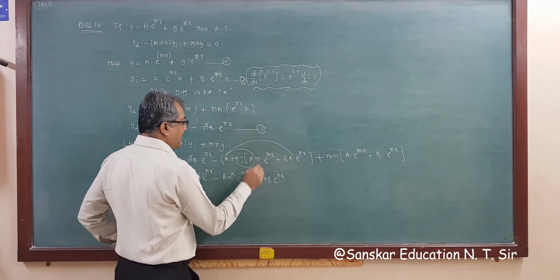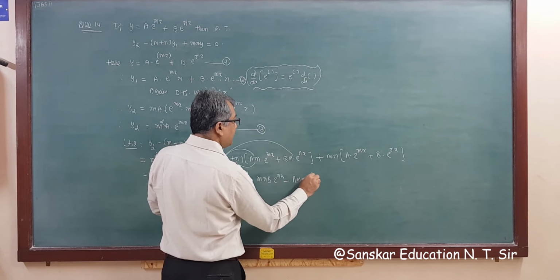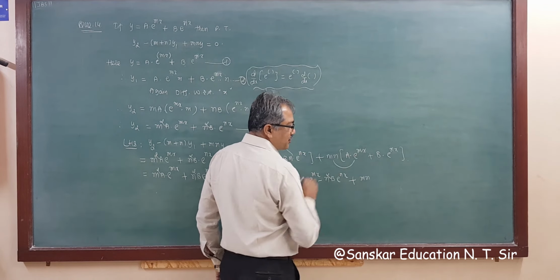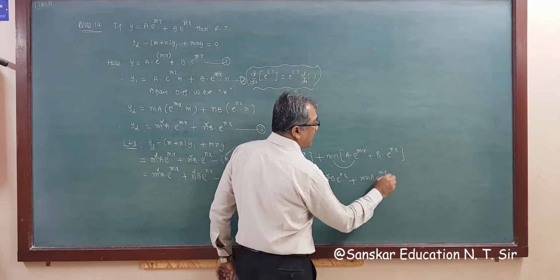Now multiply by n, so minus a m n e^(mx) minus n square b e^(nx). Plus mn times this: mn a e^(mx) plus mn b e^(nx).